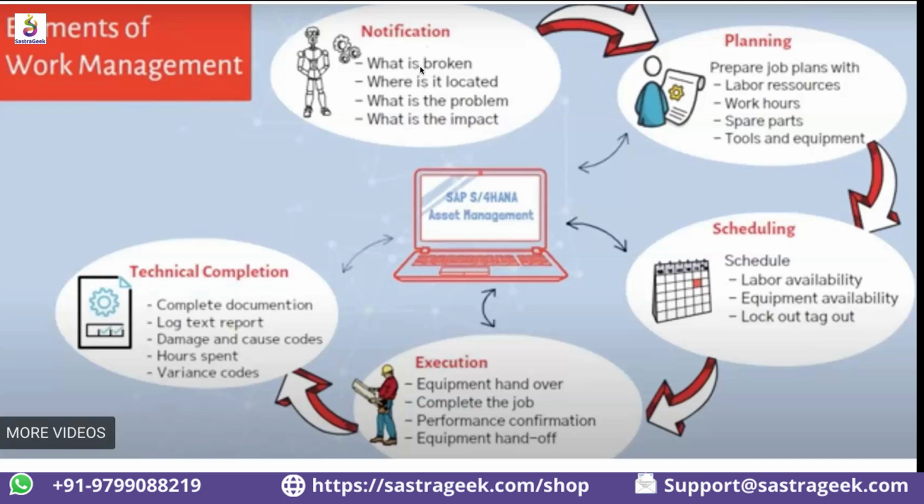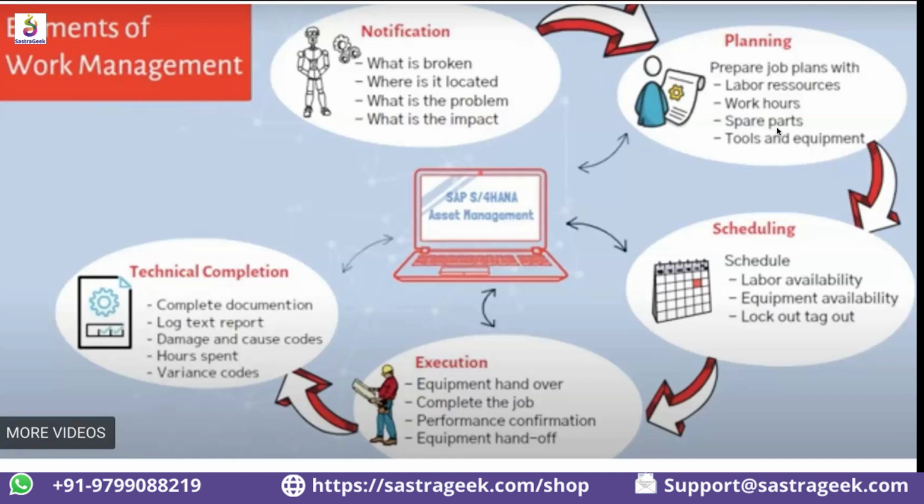Now once this has been done, the person who has notified is not going to do the work. Who will be doing it? We have a dedicated team, called planners and the executioners, the crew members. Once the notification is created, it goes to the planners. They prepare the job and assign which of my crew members are present that day to that work order, that notification.